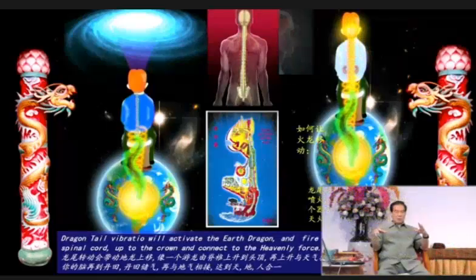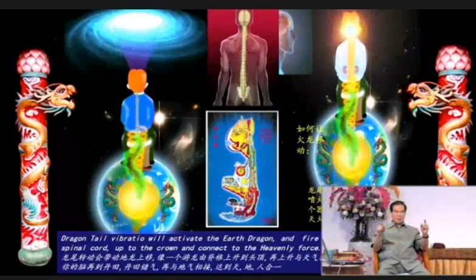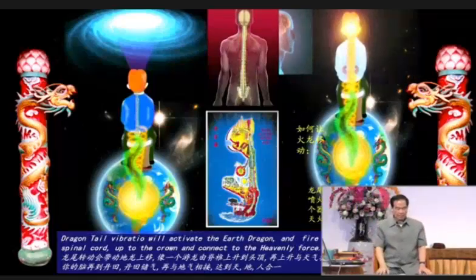When you are spinning the dantian and you have your tail vibrating, I actually feel my tail vibrating, not the whole spinal cord, just your tail vibrating. When your coccyx and sacrum vibrate, it affects the whole spine.